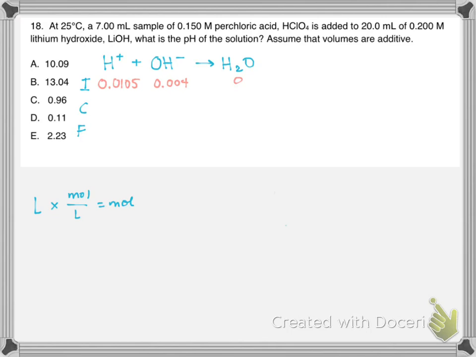So now I'm going to look and see which is the smaller number of moles. Then we can just work our table and look at what has the fewer moles, and that's going to be the proton, so that's going to get all used up. And we'll use that much of the hydroxide.